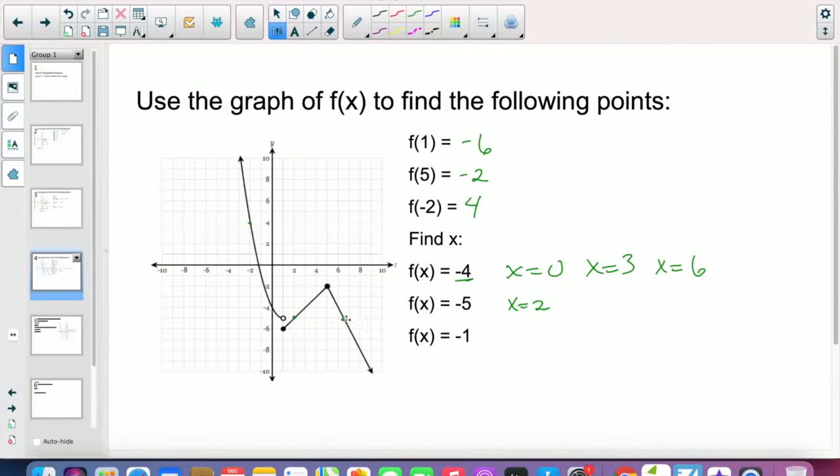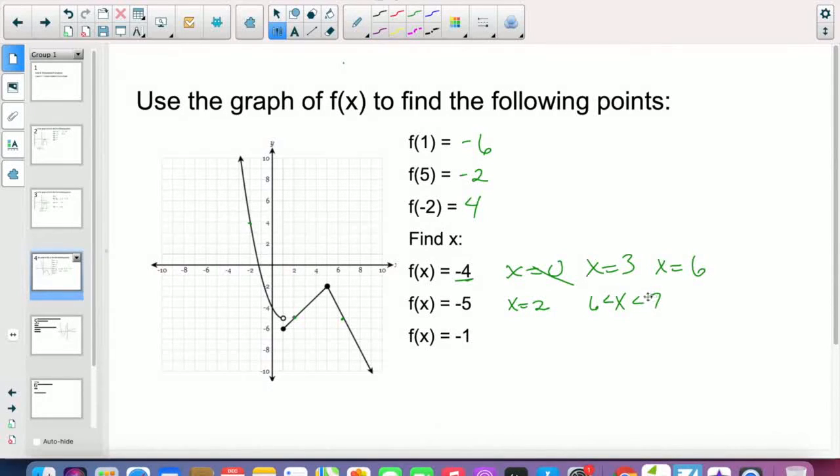We don't know where that is. So if something like that happens, we're just going to say that it happens between x equals 6 and x equals 7. Another way you could say that is that it happens when x is between 6 and 7.